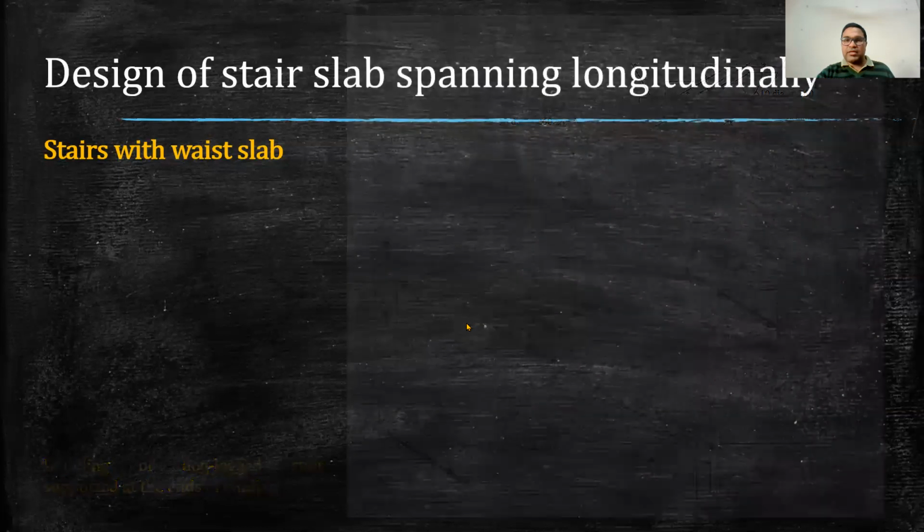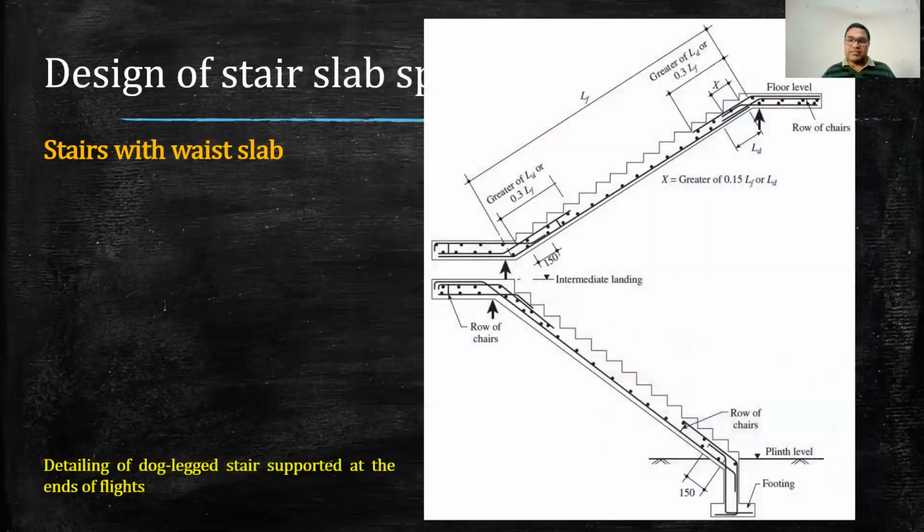Now talking about the next case, where support may be at the bottom of flight and at the top of flight. These dark arrows are representing the support points. So in this case, negative bending moment will develop, and therefore we provide extra reinforcement.